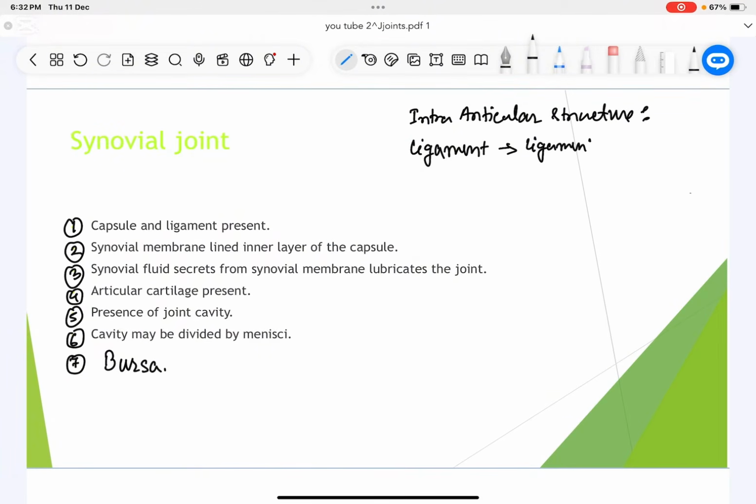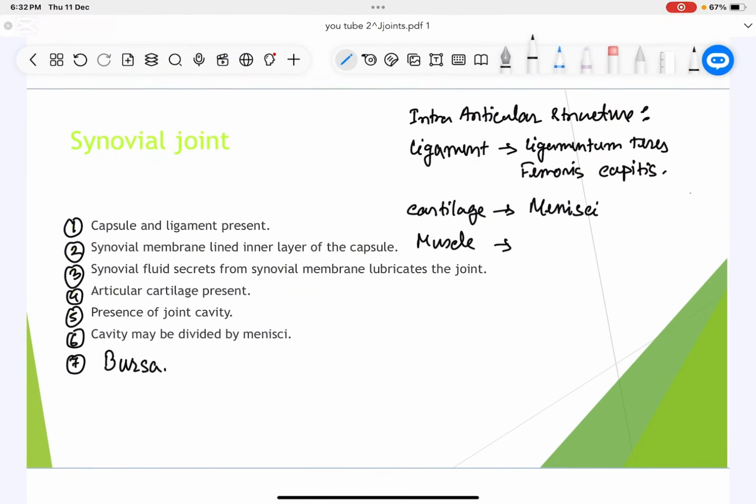So ligamentum teres femoris capitis, or we can say round ligament of the head of the femur. We can also get intra-articular cartilage, and actually the cartilage is menisci. We can also sometimes get muscle inside the articular area.